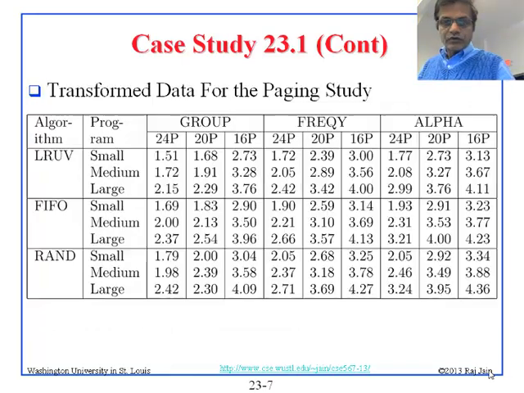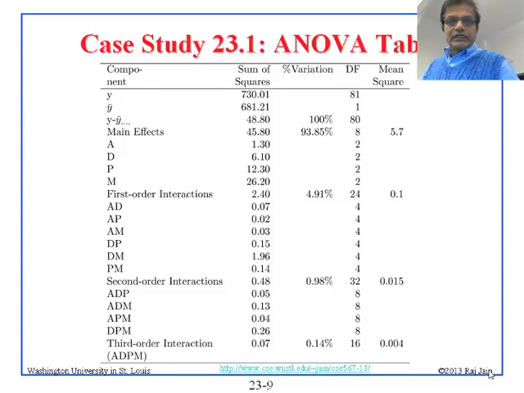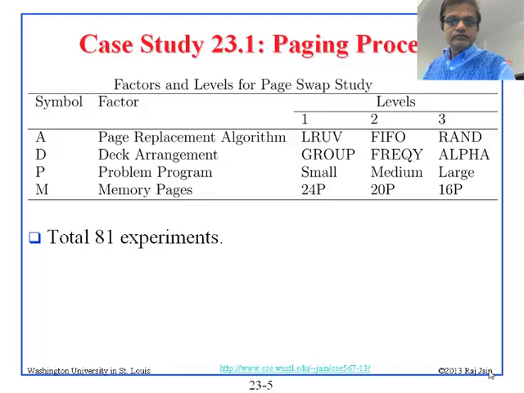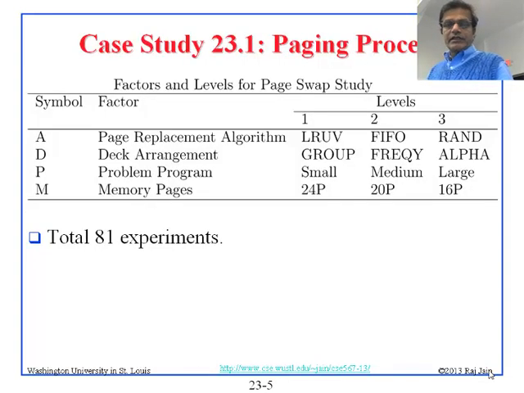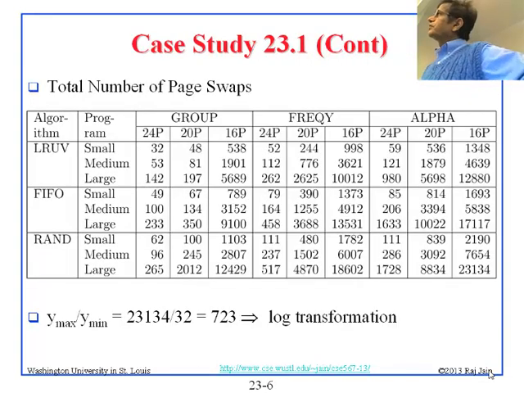actually a little bit more complicated than that. Let me see. I haven't given you the formula for how to calculate the interactions, but this is in the book. So you can just look up in the book how to calculate these. But let's just do one at least. Let's say we want to do algorithm is LRUV and the program is medium.